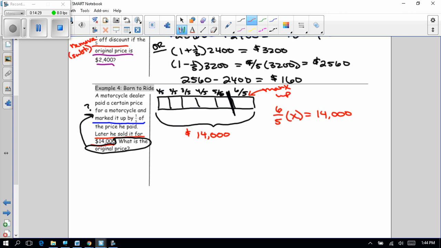Or we can think of it this way. We're going to take 14,000 and multiply it by that reciprocal, 5/6. And I end up with $11,666.67. All right.